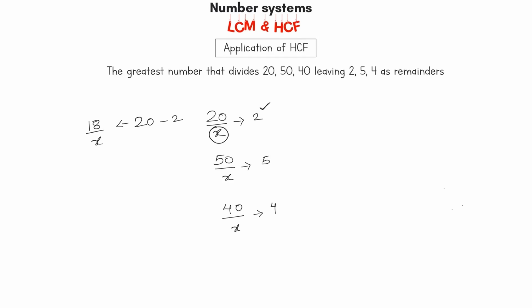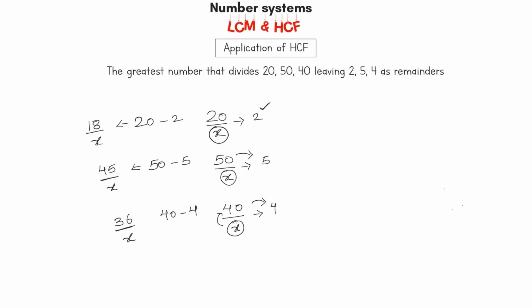Similarly, if I divide 50 by that number, I get the remainder as 5, which means 50 minus 5, that is 45, has to be completely divisible by this number. And so is this logic. I'll apply it here. If I divide 40 by that number, I get the remainder as 4, which means 40 minus 4, that is 36, will be exactly divisible by this number.